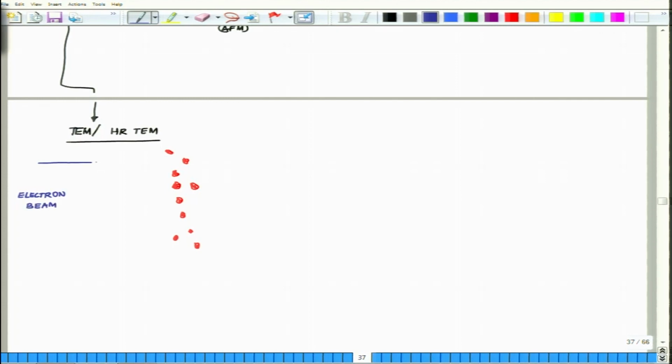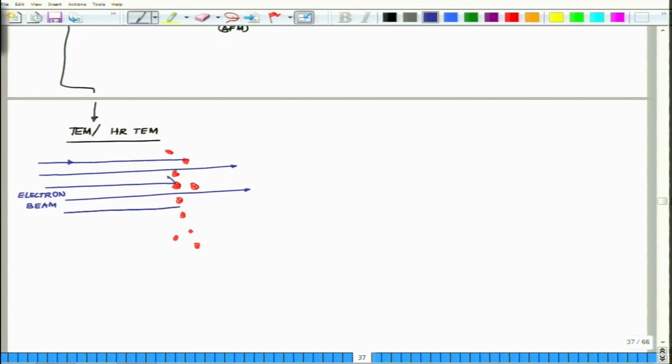When you shoot the electron beam, if it gets obstructed here, some of the beams will move like this, some like this, and on the back you are having a plate where you are imaging it.